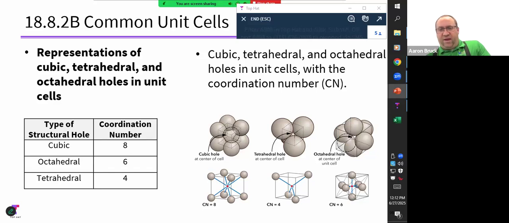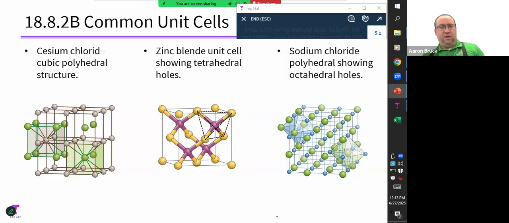And so that's the kind of hole that is generated here. And so just to give us a couple of examples of what that looks like, the cesium chloride structure, for example.